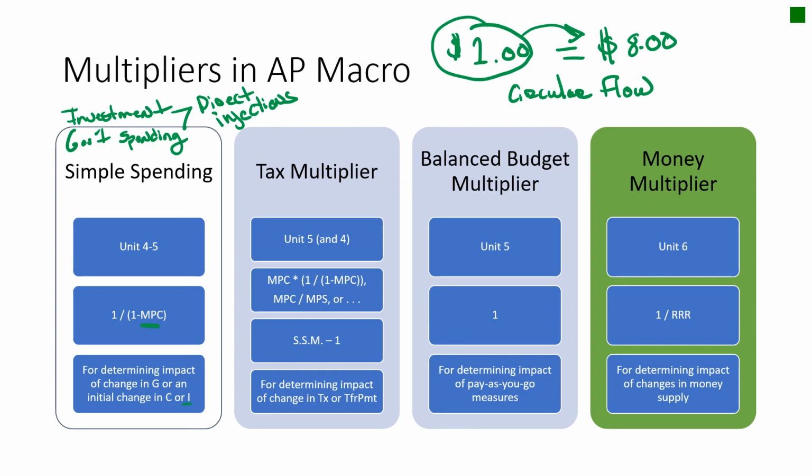But we need to talk about the tax multiplier as well. The tax multiplier is slightly different. In this case, the tax multiplier is going to be what I'm going to call an indirect injection. Now, why is it indirect? Well, because a certain portion of your disposable income, as we know because we've looked at our MPS and our MPC, goes not into consumption but into savings.